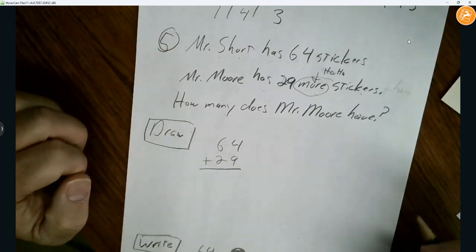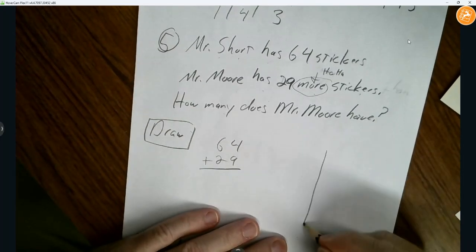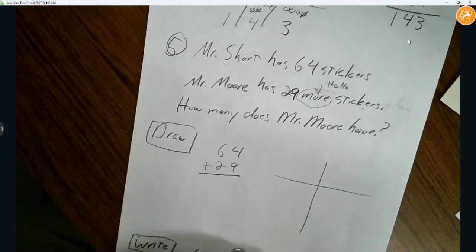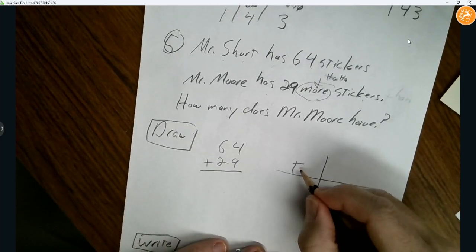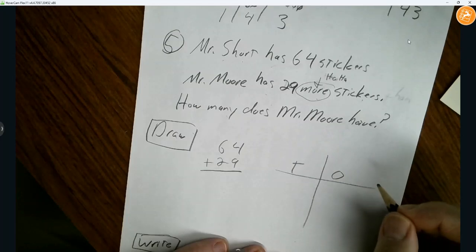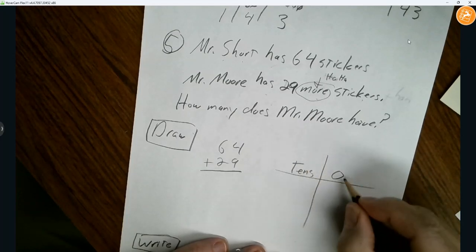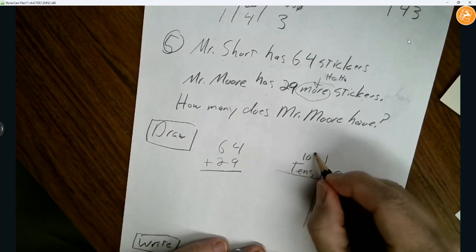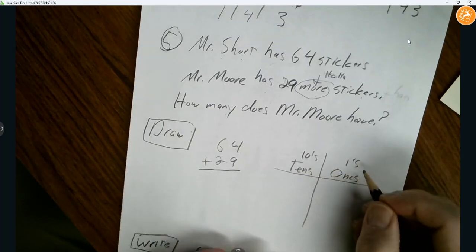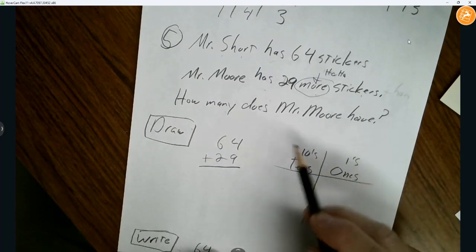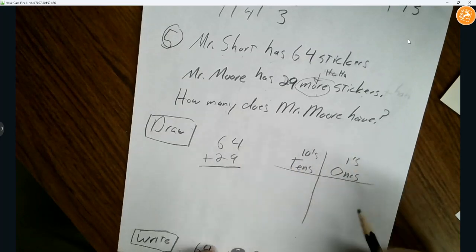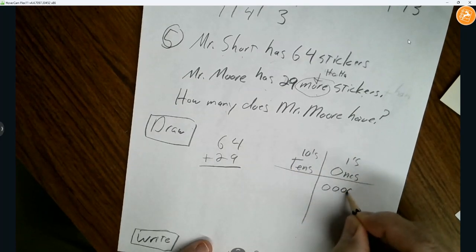Okay. You can set up that way, or here we go. Mr. Short's going to do it again. We got our 10s, and we got our 1s. All right, so let's put these two numbers in there. So we have 4 on the top number, 1, 2, 3, 4.